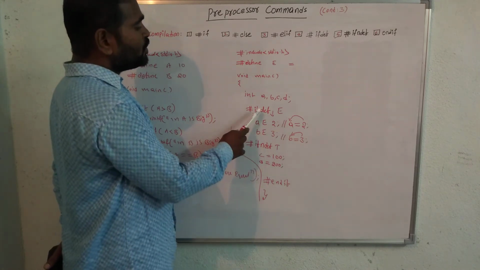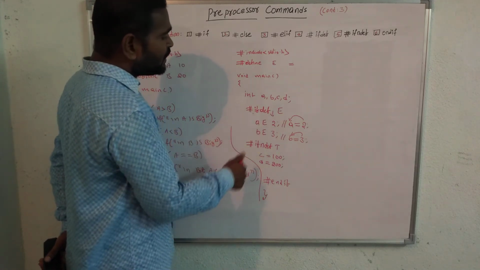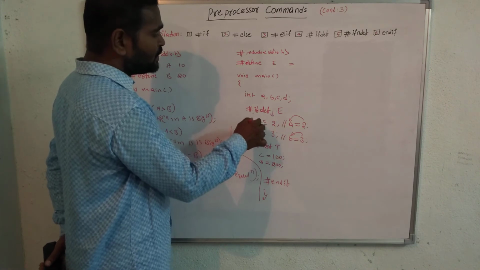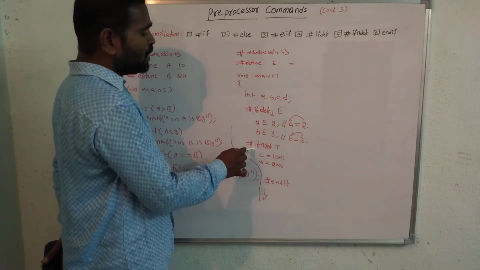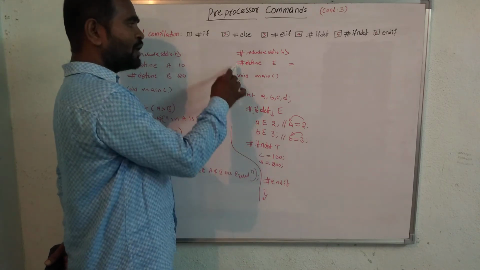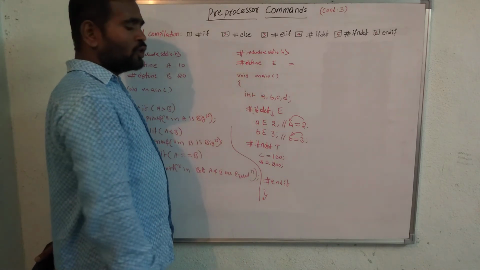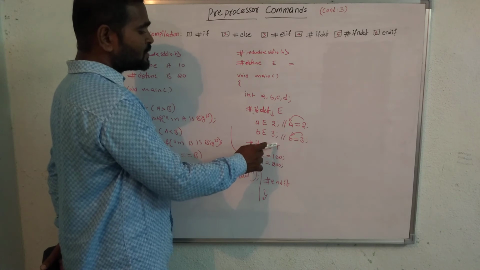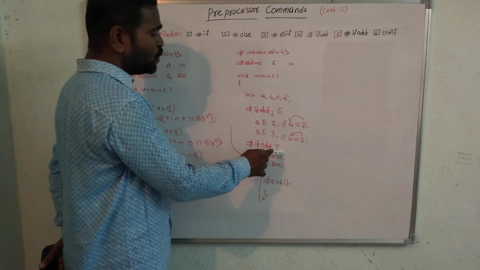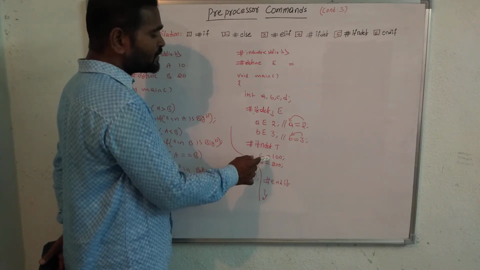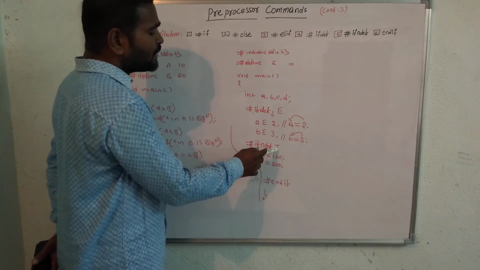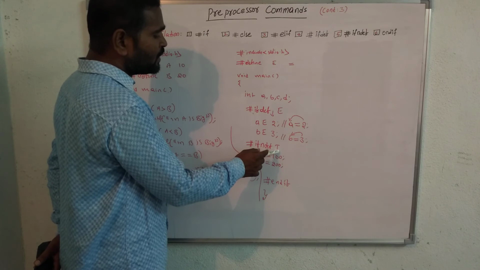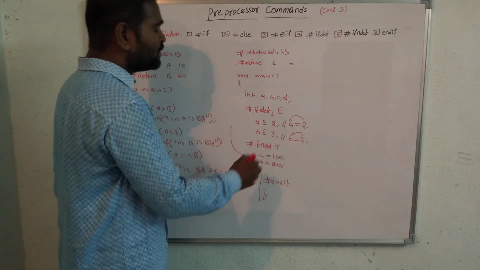If not defined, then only these statements are evaluated. In this case, what happened? #ifndef T: did you define T here? No. So this statement is true. If it is true, then these kinds of statements are acceptable. Why? Because T is not defined here.